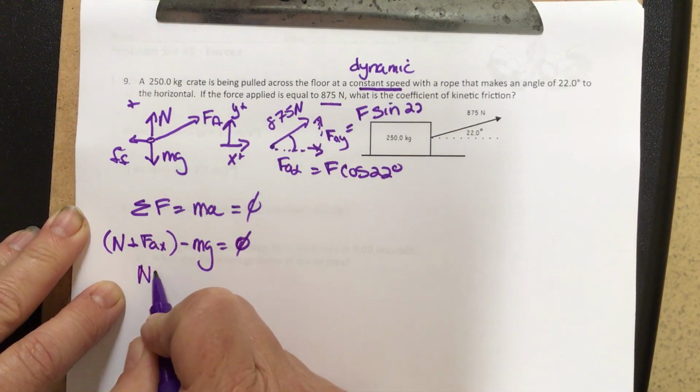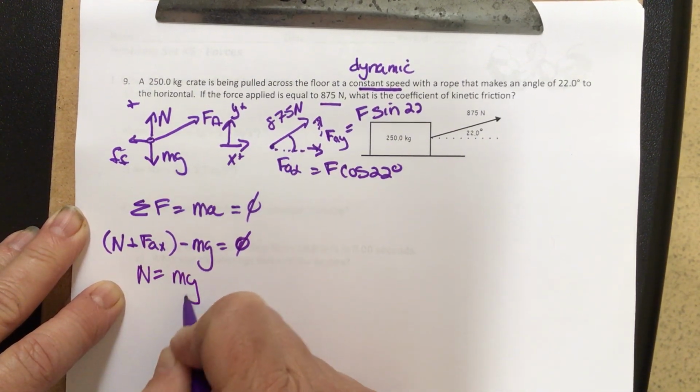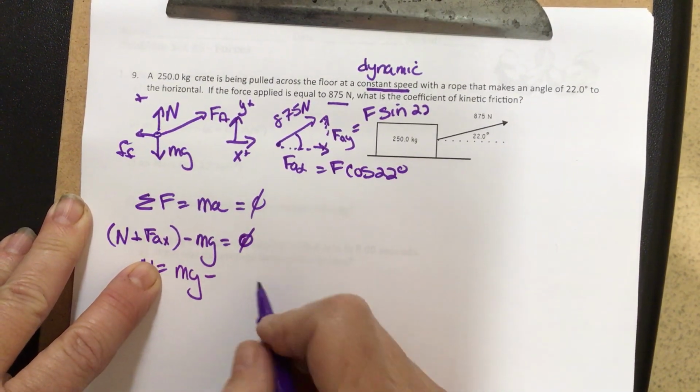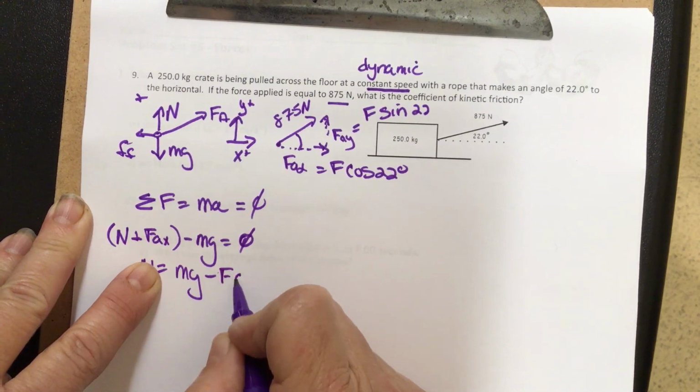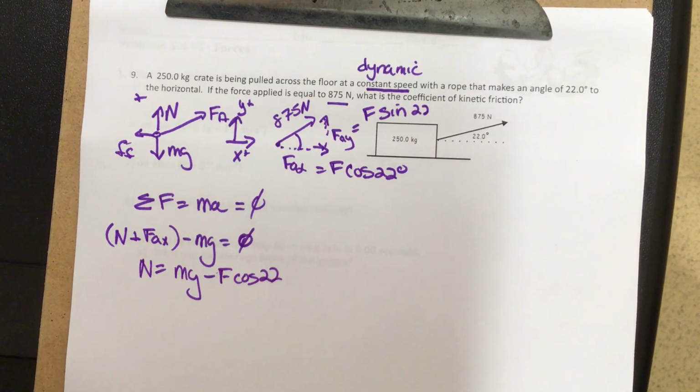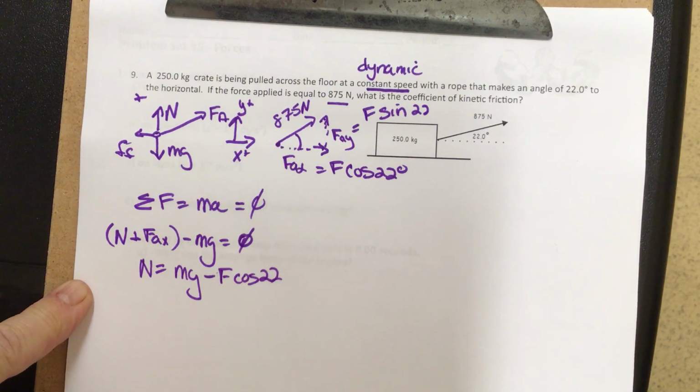And so rearranging, I get the normal force equals the weight minus the force applied in the y direction. And force applied in the y direction, I'm just going to go ahead and write as F cosine 22. And so it looks like we can solve for the normal force. And we want to solve for the normal force because we have to figure out the static coefficient of friction.